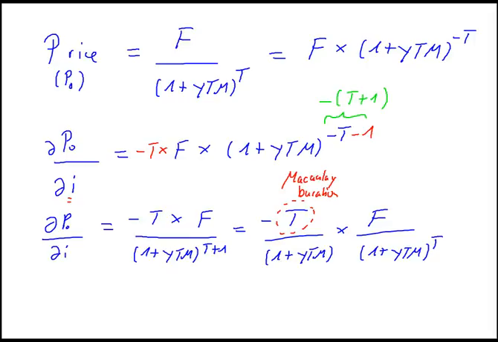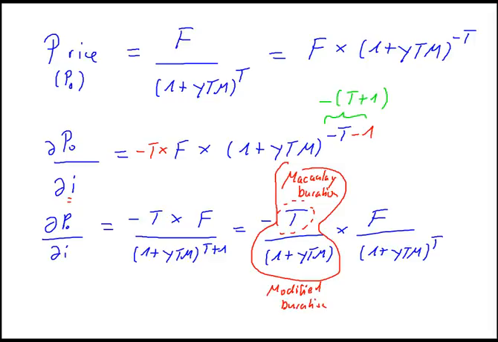We have to balance out the cash flow at maturity, which is the face value at maturity, and that is then the Macaulay duration. And the Macaulay duration divided by 1 plus the yield to maturity is then the modified duration.